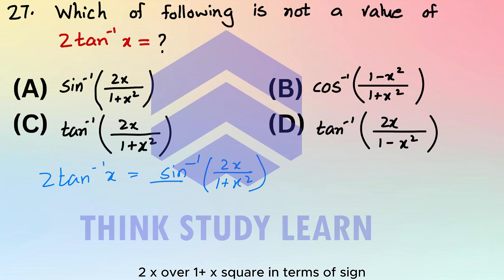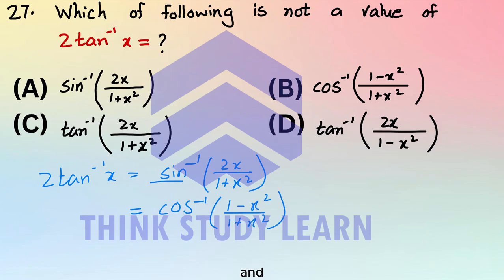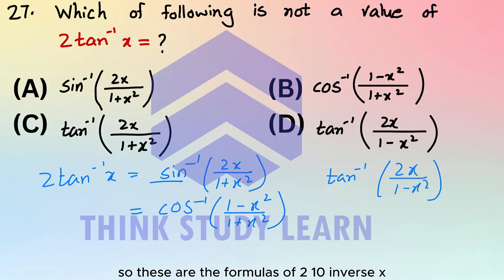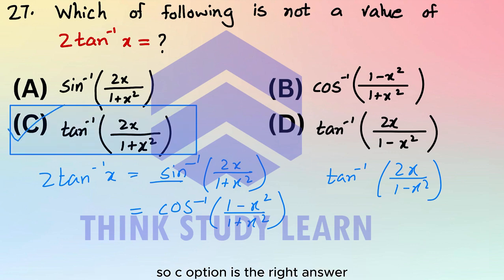In terms of cos, it will be cos inverse 1 minus x square over 1 plus x square, and in terms of tan, it is tan inverse 2x over 1 minus x square. So these are the formulas of 2 tan inverse x. Only C option, tan inverse 2x over 1 plus x square, is not a formula of 2 tan inverse x. So C option is the right answer.